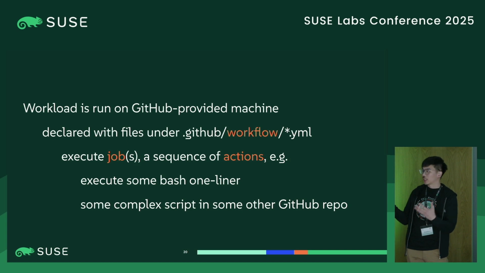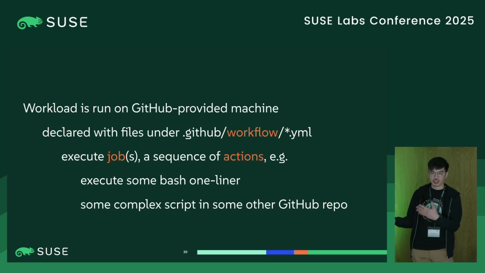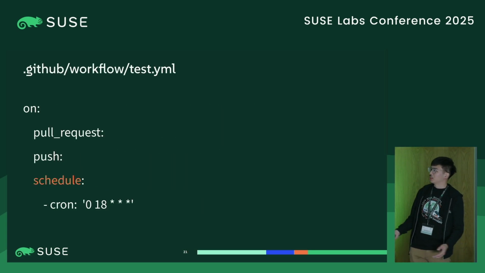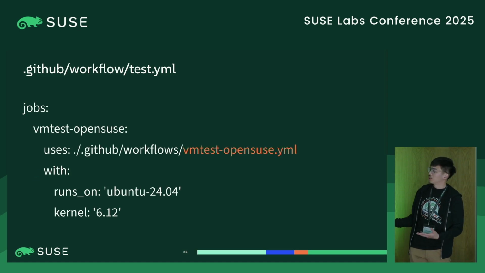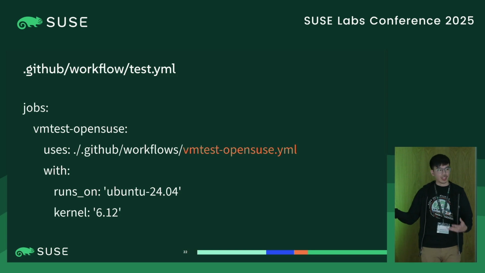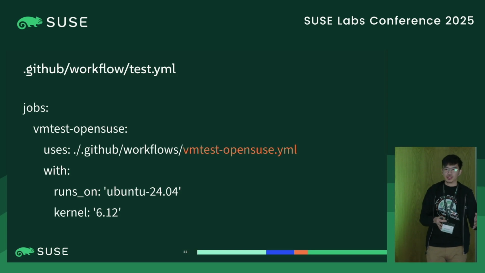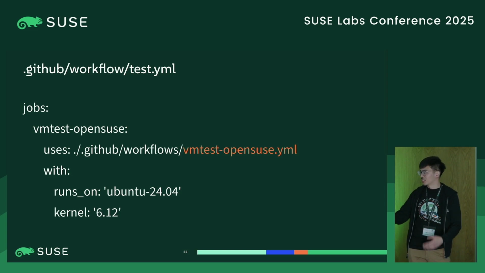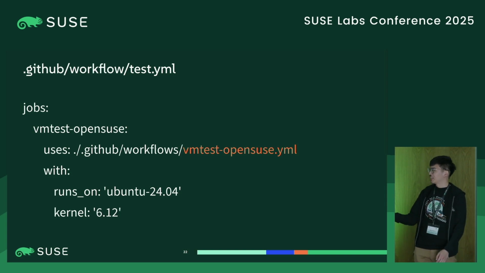Each workflow will execute some jobs, and a job is basically just a sequence of actions, and an action is just some bash script, or it calls into a more complex script that is hosted elsewhere on GitHub. The workflow I'm using has a schedule, like the familiar cron schedule, it runs every day, and it uses the VM test OpenSUSE YAML workflow, which is mainly copied from the BPF-next VM test YAML file. Unfortunately, it's not using OpenSUSE yet, but I don't have time yet to work on that.